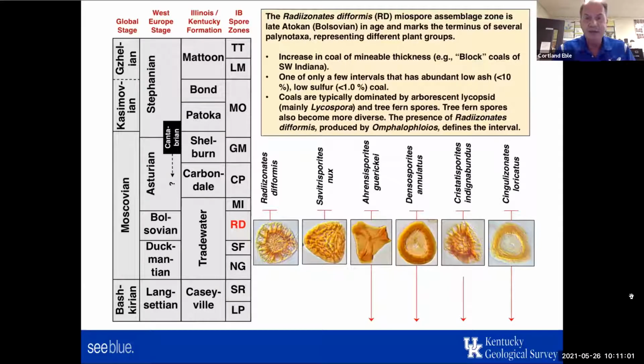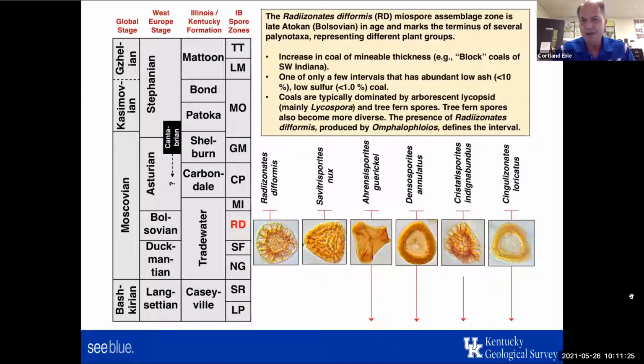This is where we start to see an increase in coal of mineable thickness, and these are primarily represented by the Block coal interval of southwest Indiana. And these coals are one of only a few in the basin that have an abundance of low ash, low sulfur coal. Most of our coal elsewhere tends to be low ash but higher in sulfur.